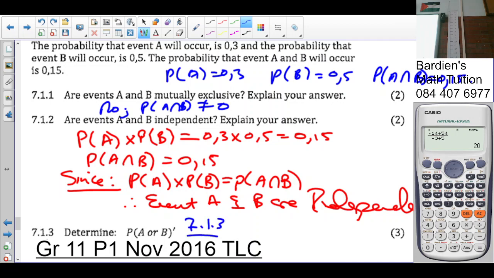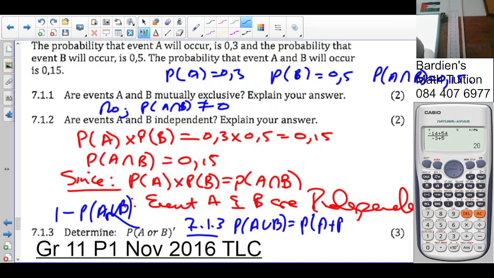We know that the probability, so that would be the same as 1 minus the probability of A union B. Okay, it was the complementary bit. So we need to work out the probability of A or B, but we know that's going to be the probability of A plus the probability of B minus the probability of A intersection B. That's your probability identity.